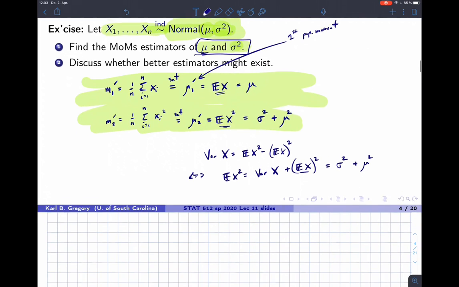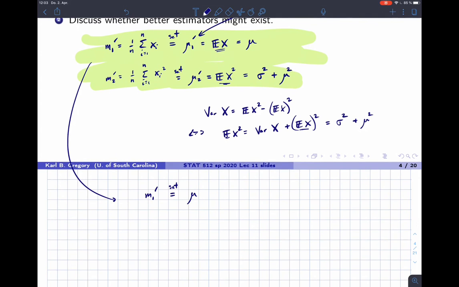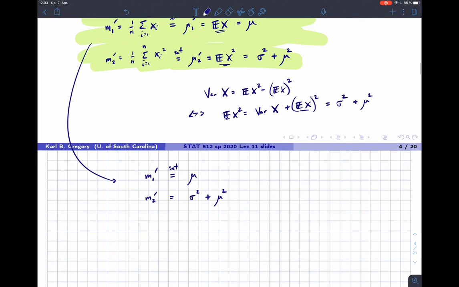Let's write it down in kind of a neater way. So basically what we have is just the first sample moment. I'm setting this equal to mu, and I'm setting the second sample moment equal to sigma squared plus mu squared. Now, these things can be computed from the data.